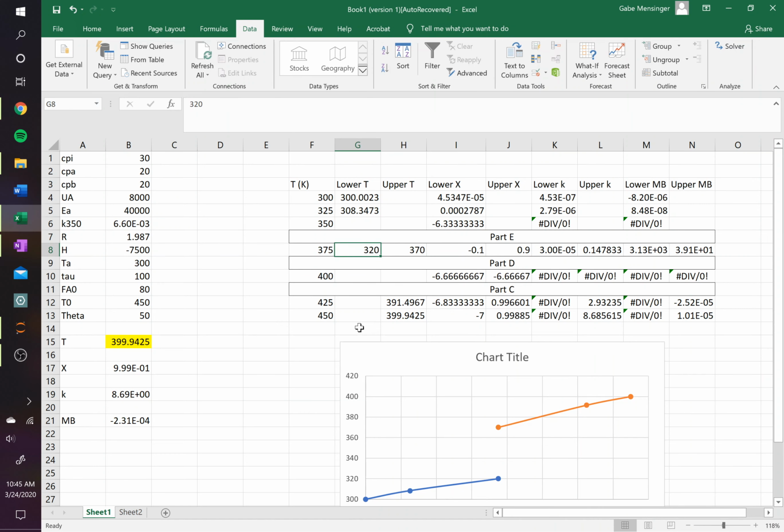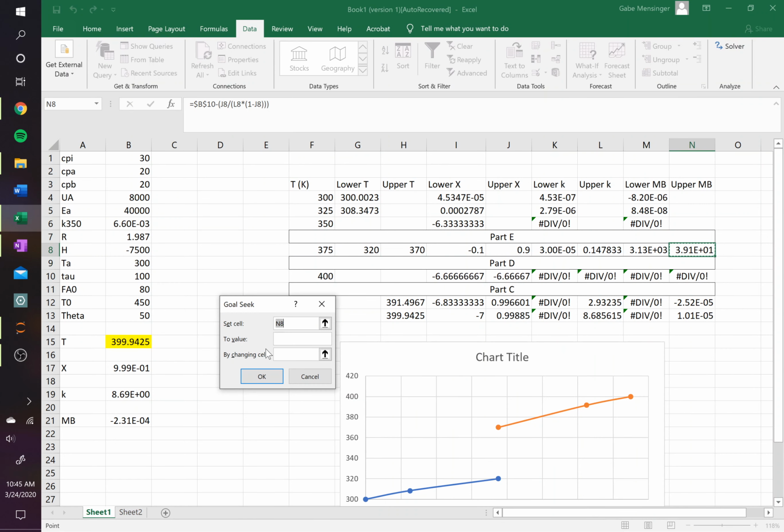So depending on what you pick, and again, to clear things up, this temperature goes to this conversion, and it goes to this K, this lower K, and to this mass balance. This upper temperature goes to the upper conversion, K, and mass balance. But overall, it's the same function in there. So they've got the same function, but they've got different solutions.